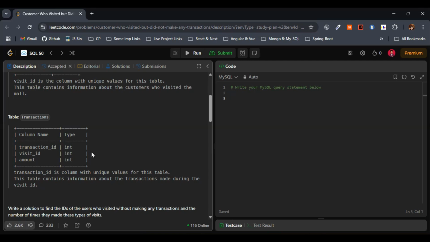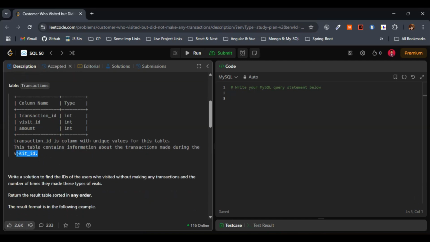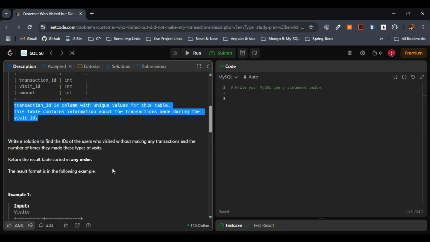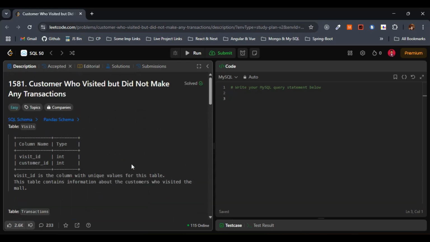That's what we need to find. I hope this is clear.